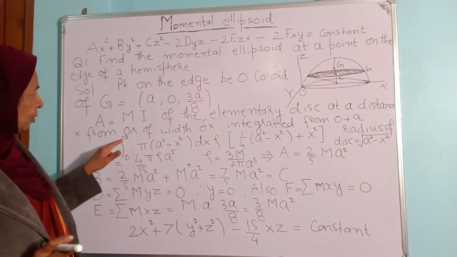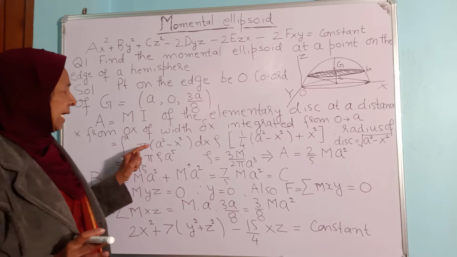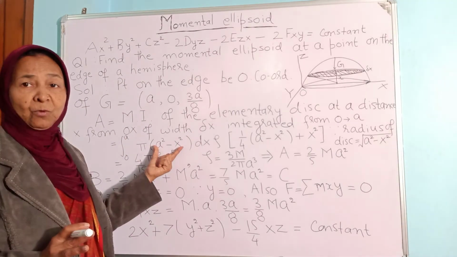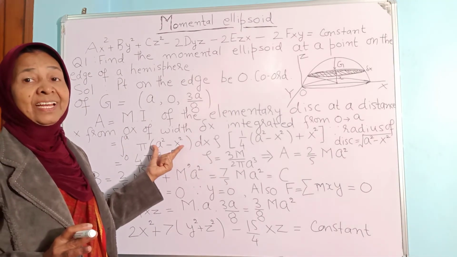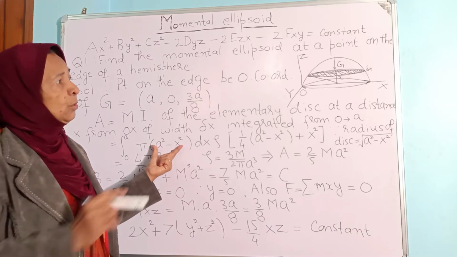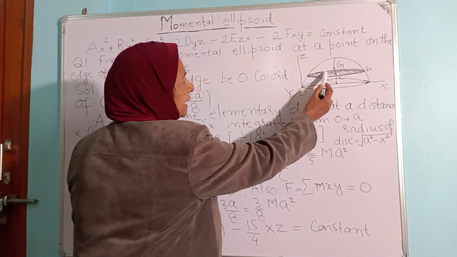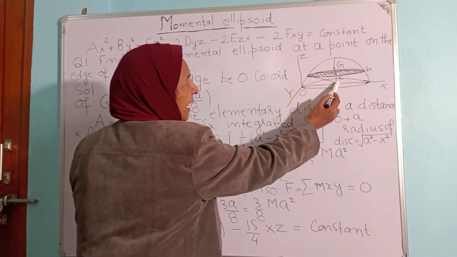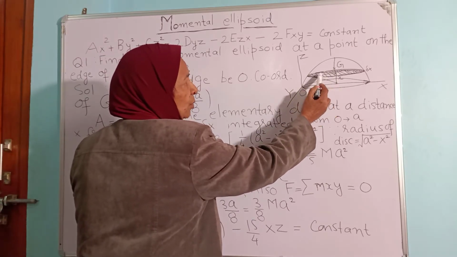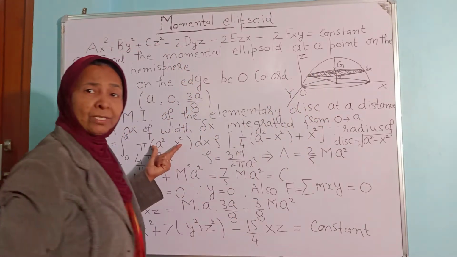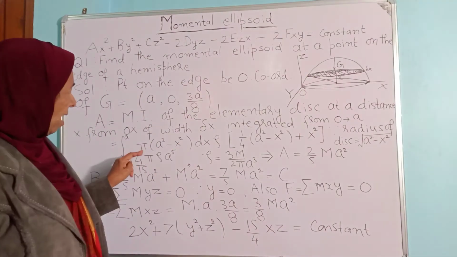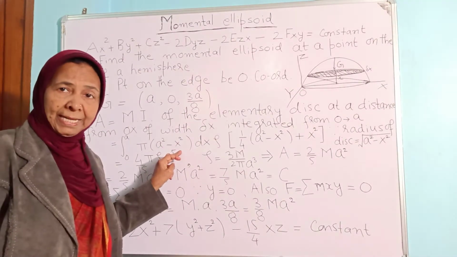So it will be ∫ from 0 to a of π(a² − x²). What is this? This is the radius of the disk. You can observe this is the radius of the disk. This is a, this is x. So it will be under root of a² − x², and I need πr².